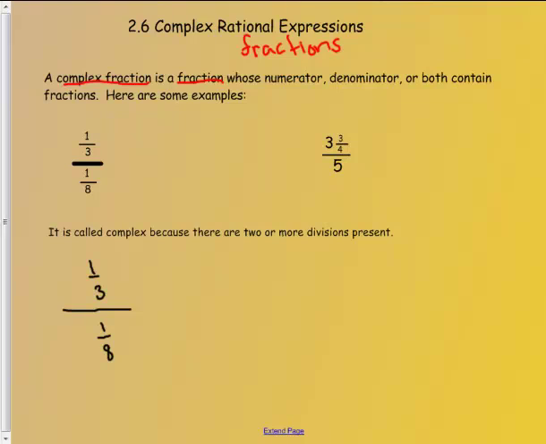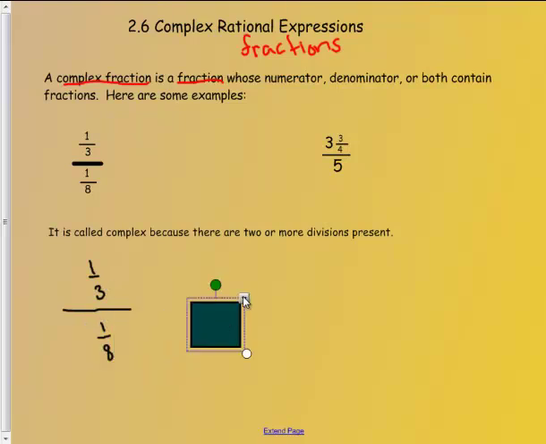If we did that and just ignored the numerator, this would not be a complex fraction anymore because we only have one division present.